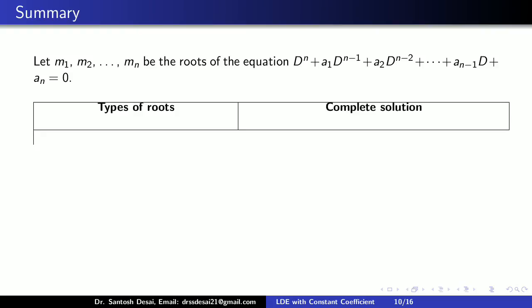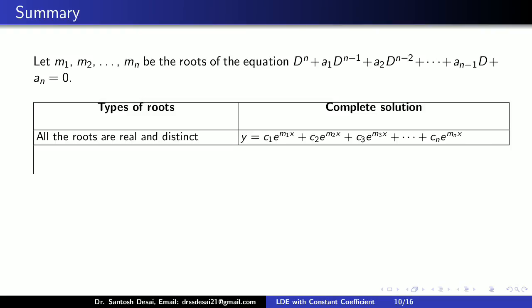In column 1 we consider the various cases, and in column 2 the corresponding complementary function. So first one, if all the roots are real and distinct, then the complementary function is given by C1 e raised to m1x plus C2 e raised to m2x plus and so on Cn e raised to mnx.